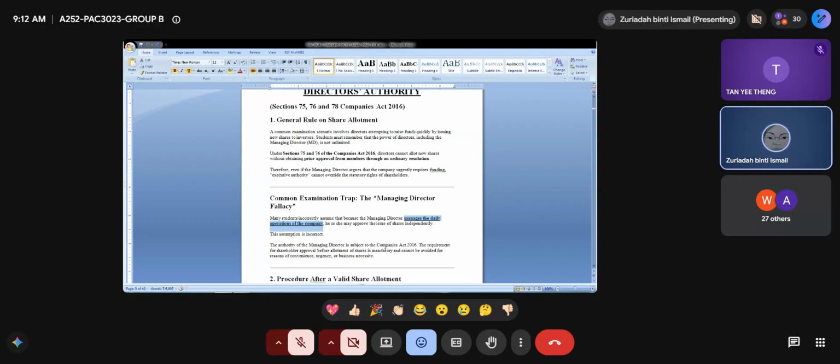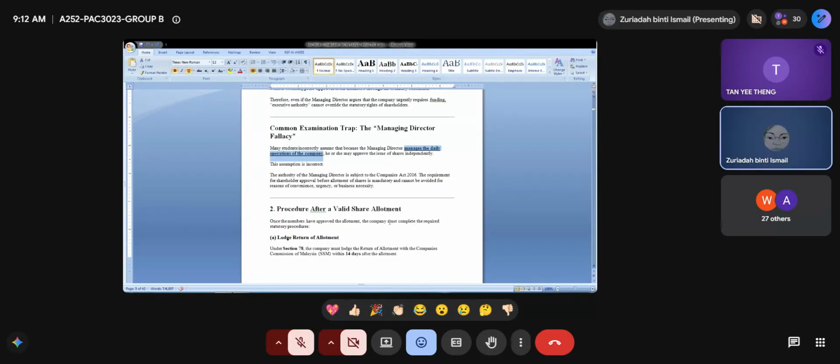So what is the procedure when we discuss shares allotment? Based on the case study that was discussed, once the members approve the shares allotment, the company secretary must complete the statutory requirement according to section 78.